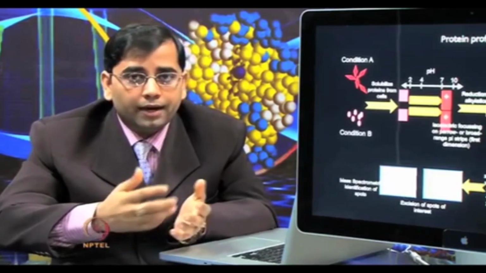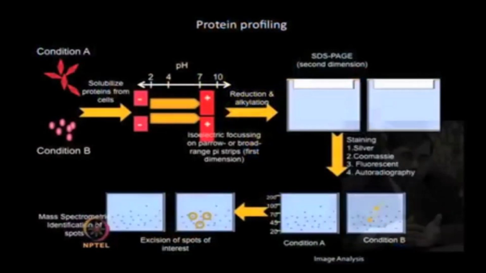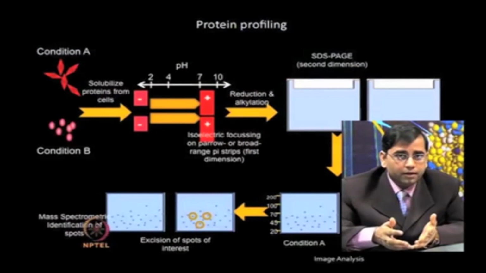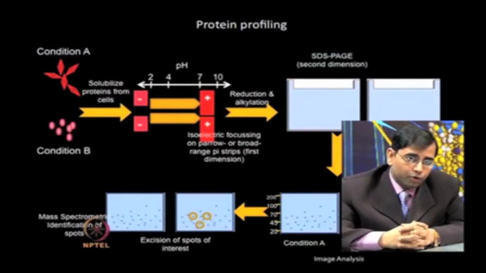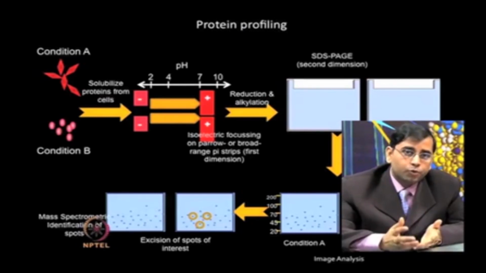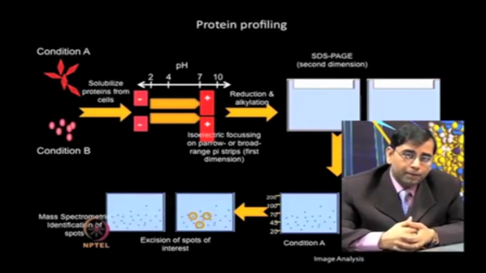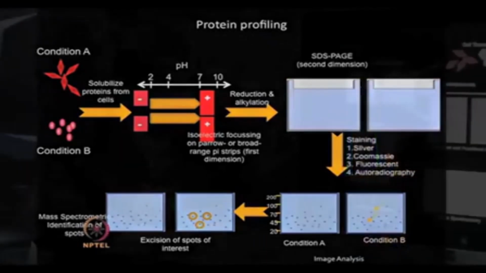One needs to analyze that from different gels, different replicates, both technical and biological, and then obtain the statistical information for these spots. If these are significant, then this is the protein of your interest which you would like to identify by using mass spectrometry.